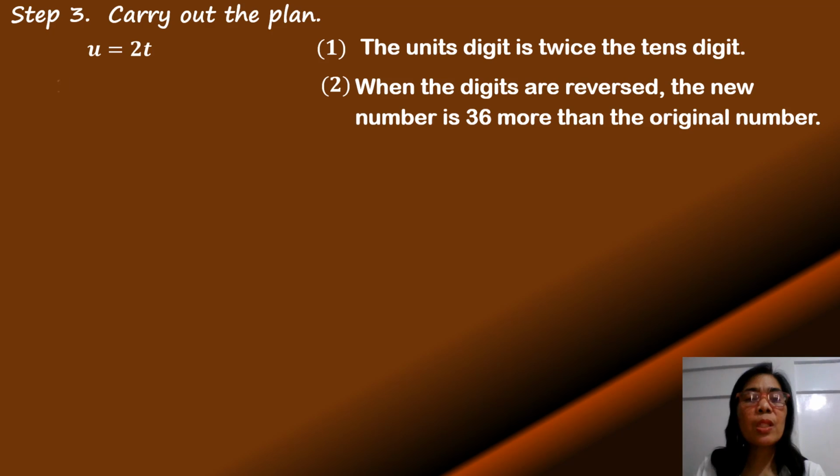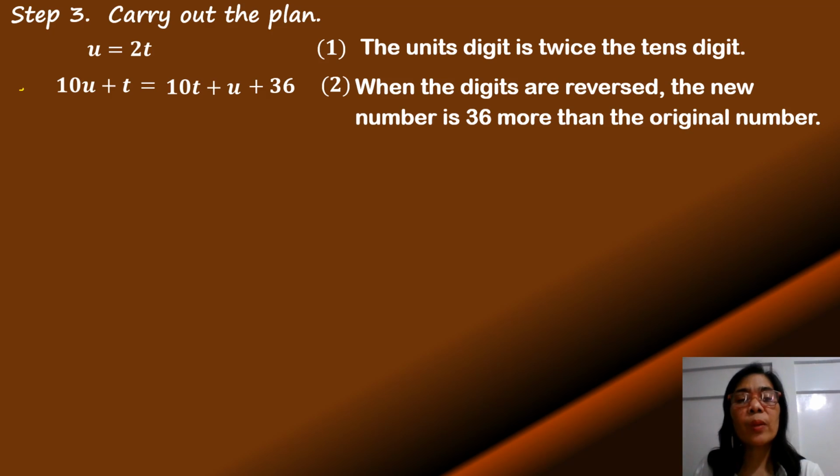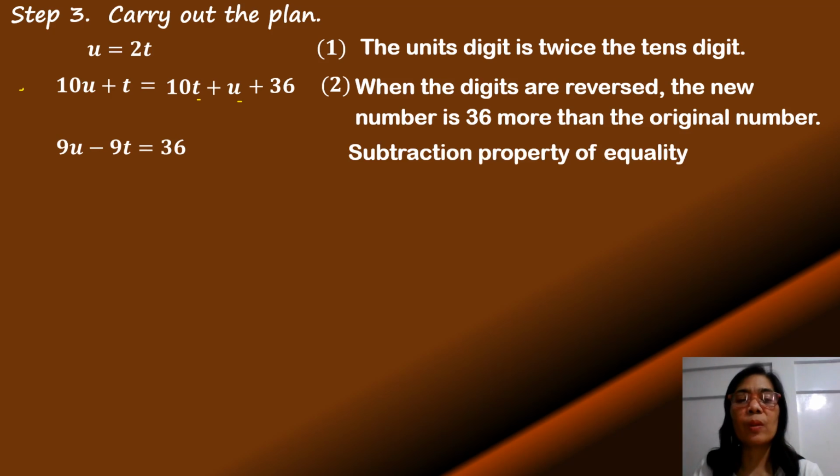So the reversed number is represented by 10u plus t, and this new number is 36 more than the original number. We now simplify this equation. We have 10u plus t equal to 10t plus u plus 36. If we want to get rid of 10t plus u on the right side, we subtract 10t plus u from both sides, giving us 9u minus 9t equal to 36.